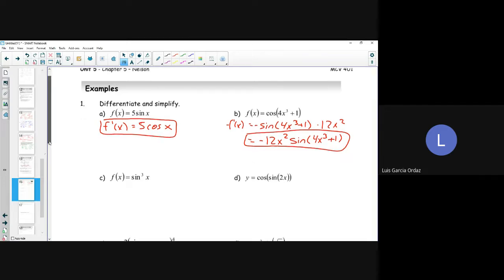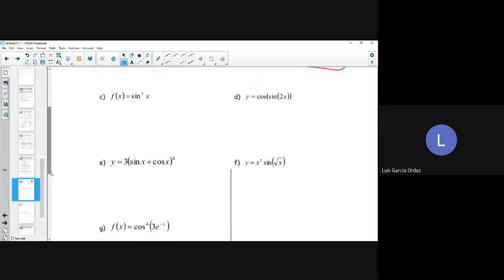Now we have our next one, where we have f of x is equal to sine of x to the power of 3.